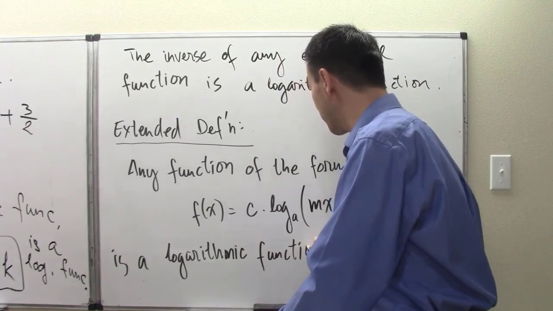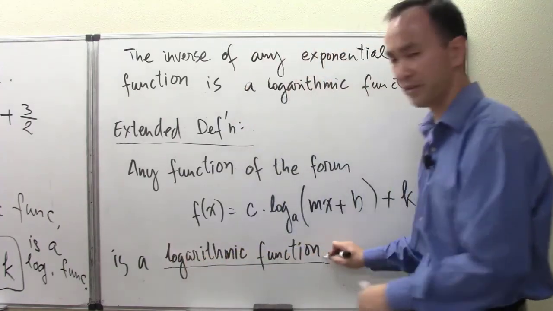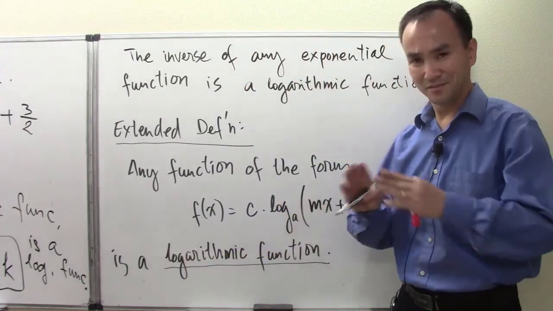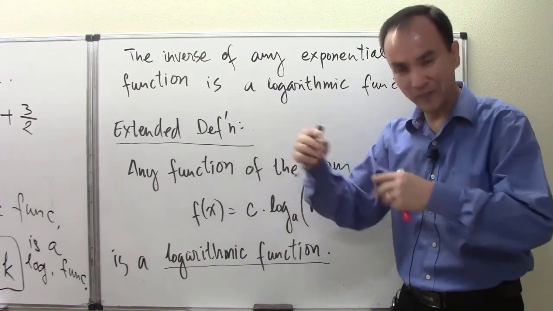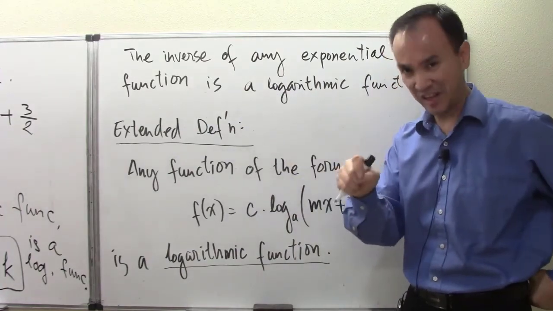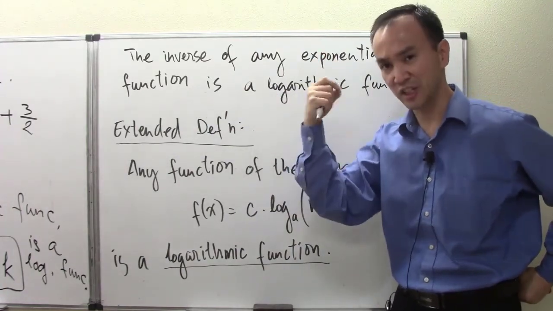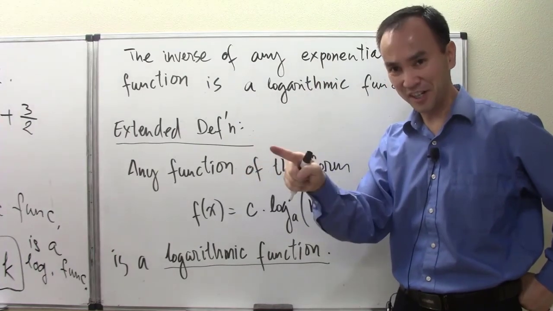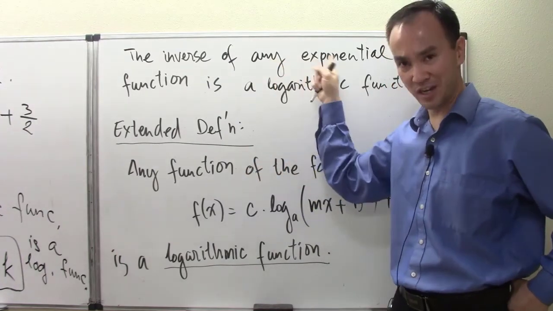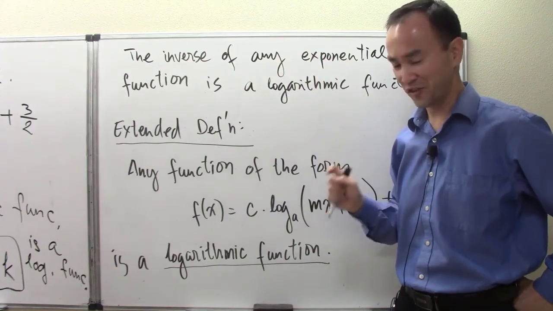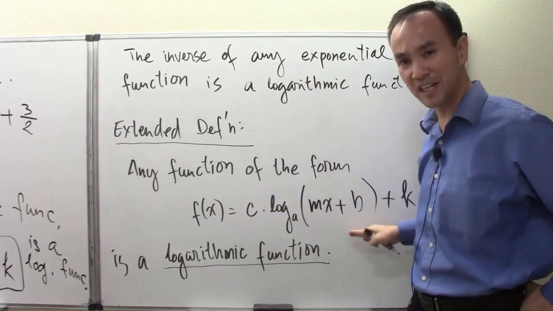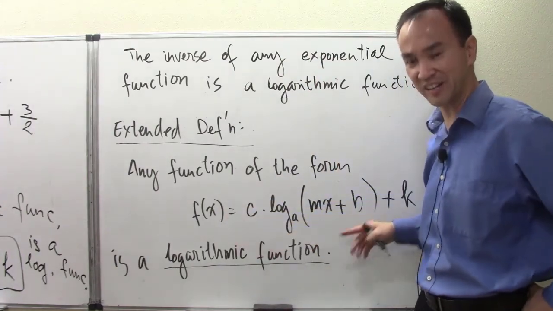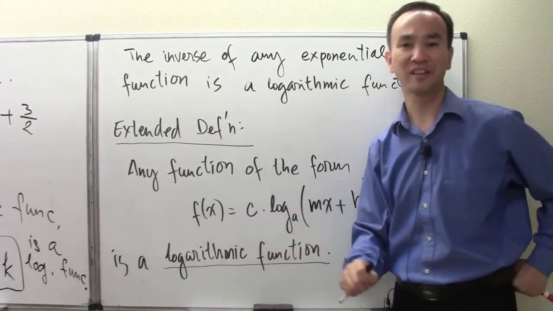It's a definition, but it's also a confirmation that, combined with what we've learned earlier, a logarithmic function is understood as an inverse to any exponential function. And so that's why in that form, this big expression right here is a logarithmic function.